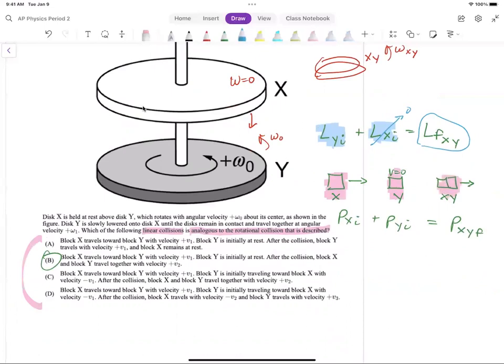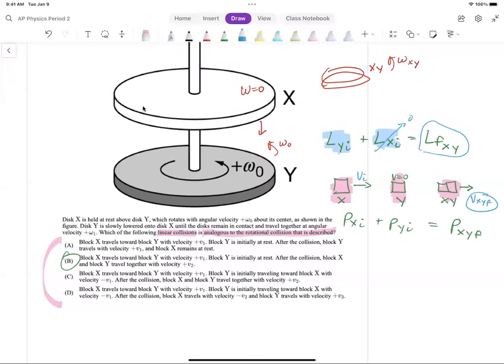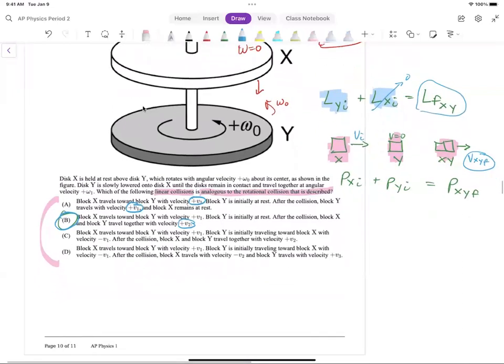Now that final velocity, XY final, does not equal the initial velocity of X, because this velocity will be less because the momentum's conserved, therefore the velocity will be decreased because the mass of the system is now increased. And so if you go through and read that, you'll find that B is correct, because notice they give you a different velocity as opposed to A, which tells me the same original velocity, and that can't be the case. It's got to be something different.